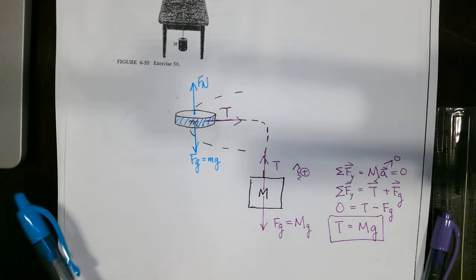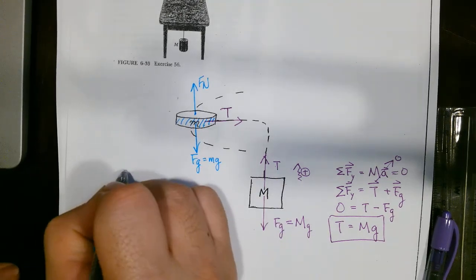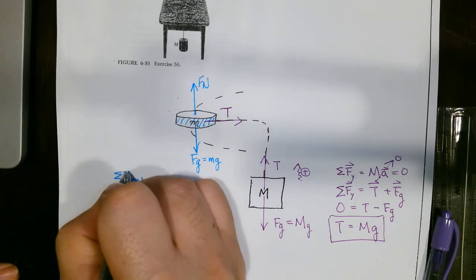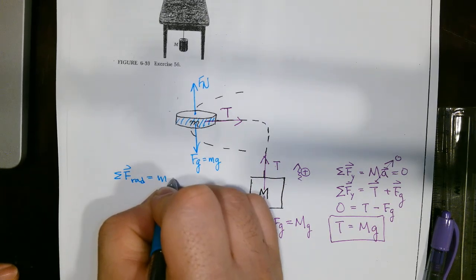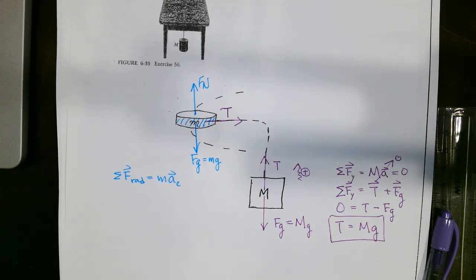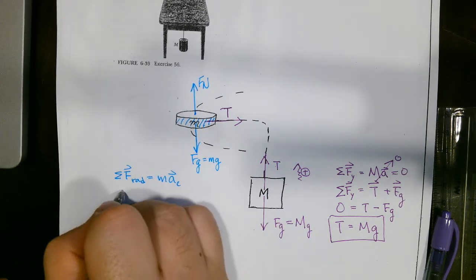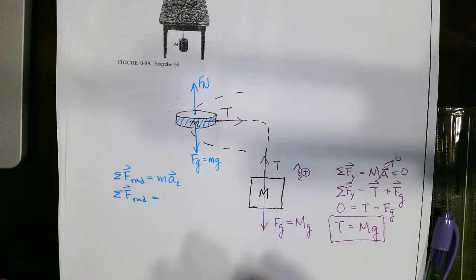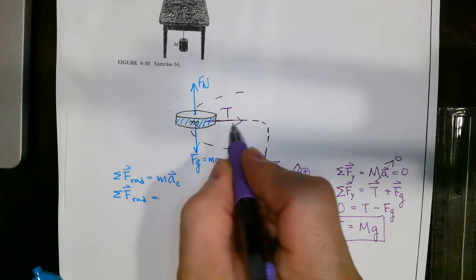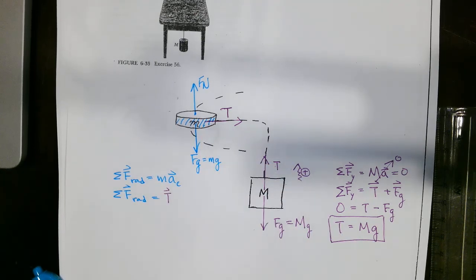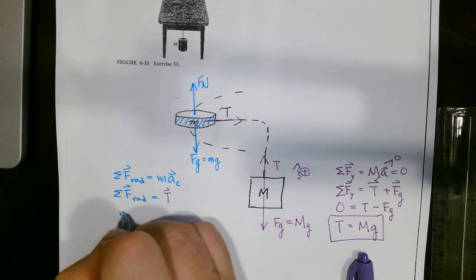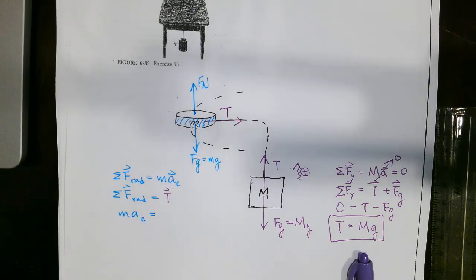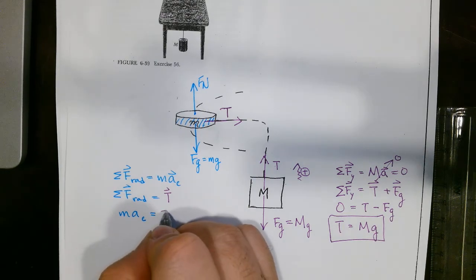So if I were to take a look at this small mass, the sum of all forces in the radial direction is equal to m a_c. And the sum of all forces in the radial direction, I just see tension. Tension is the only one. So m a_c is equal to tension, which is in the same direction as my a_c, therefore it stays positive.